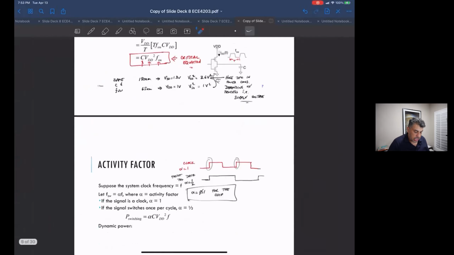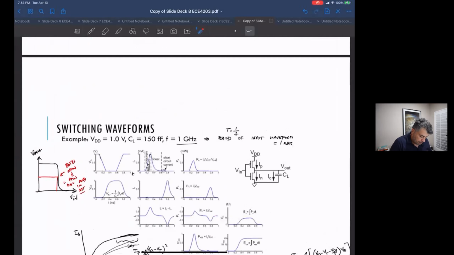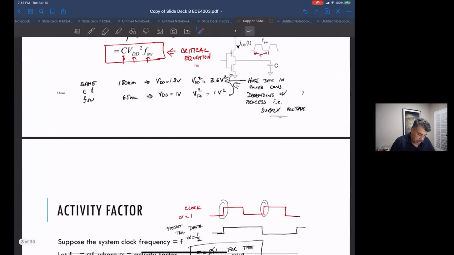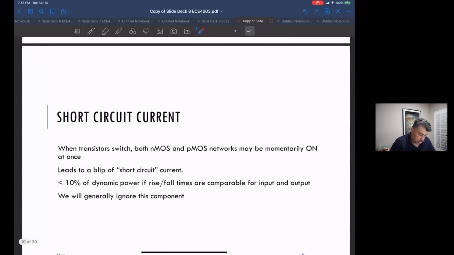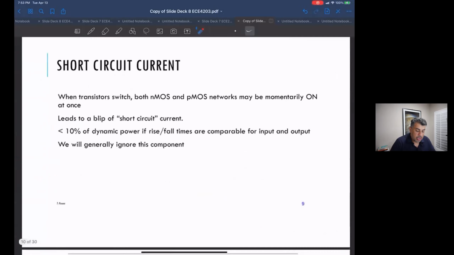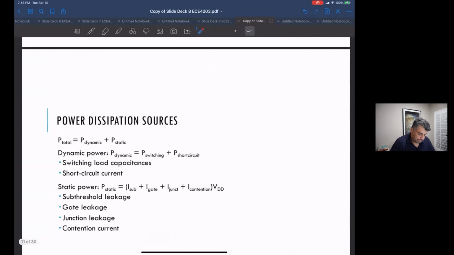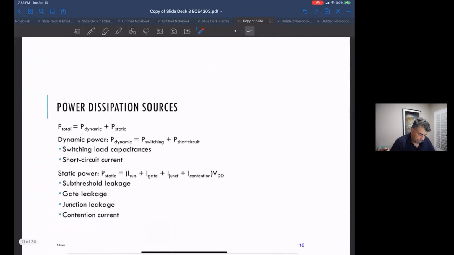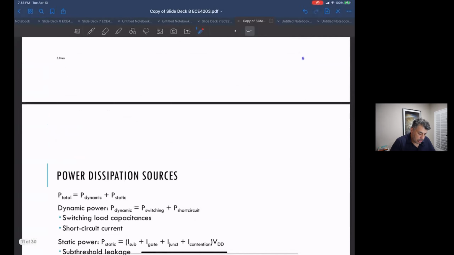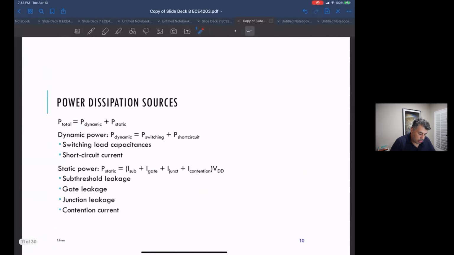But as this shows, it actually turns out to be not a very large number. A lot of times I thought it was the short circuit current that would be driving the power consumption, but it's really not a huge amount. The huge amount of the power consumption just comes from the charging and discharging of the capacitor. Okay, so that's the switching power consumption.